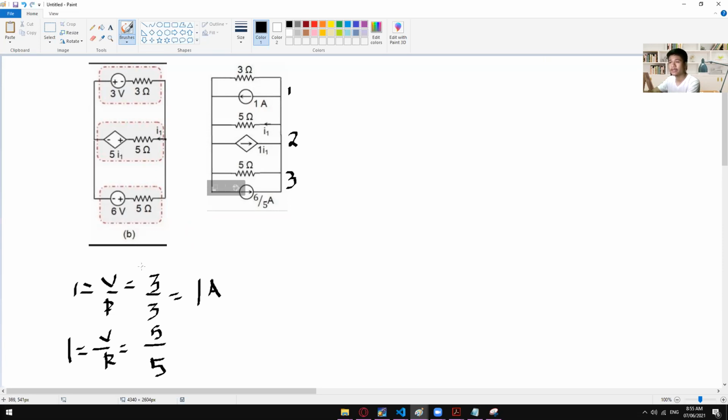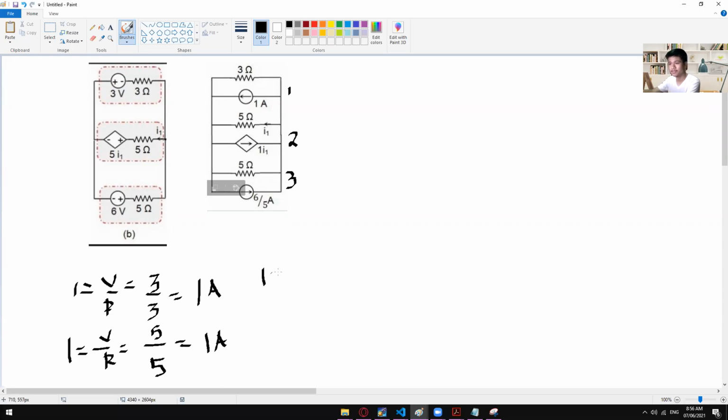We can put that aside for now, not touch it, let it stay as it is, and we will just deal with that I later on. So 5 divided by 5 is 1, so 1 amp times I. So we now have two currents. So 1 amp times I sub 1. That's it for case number 2.